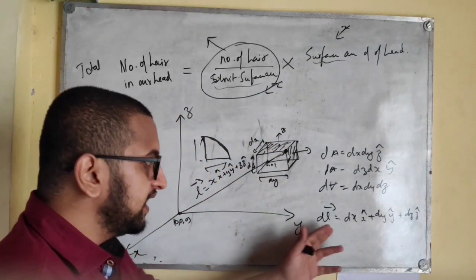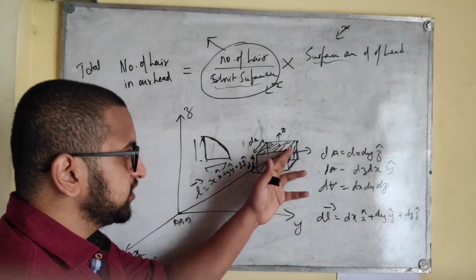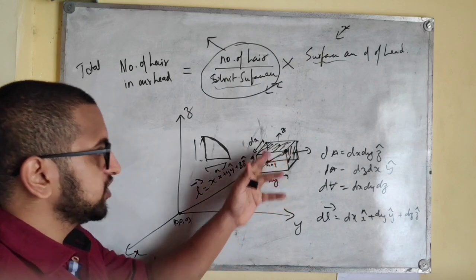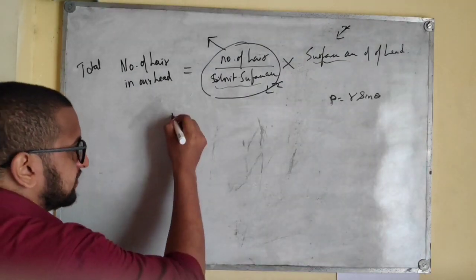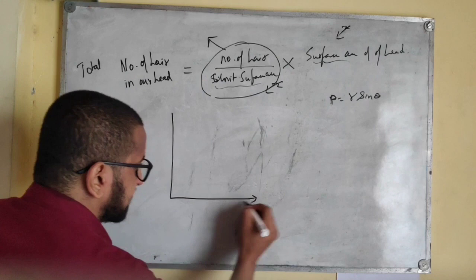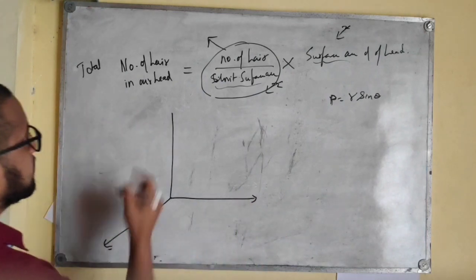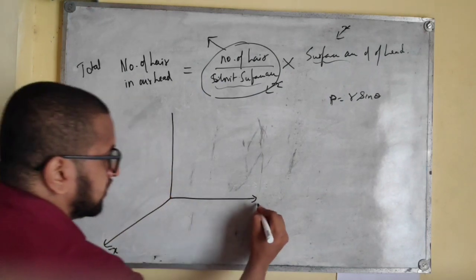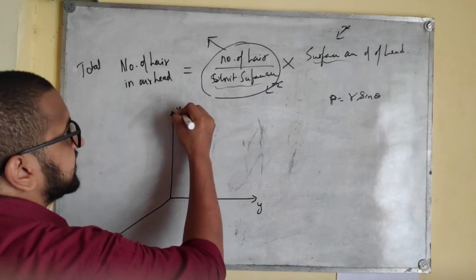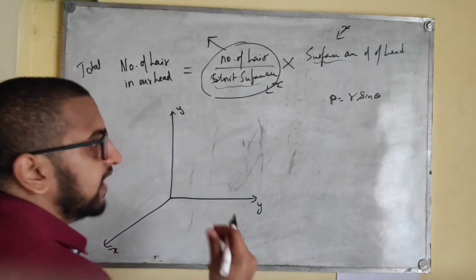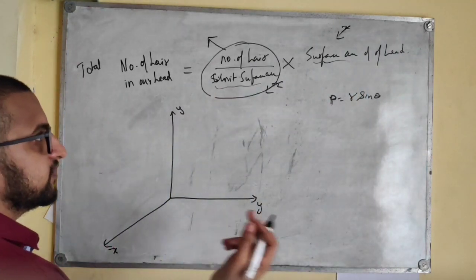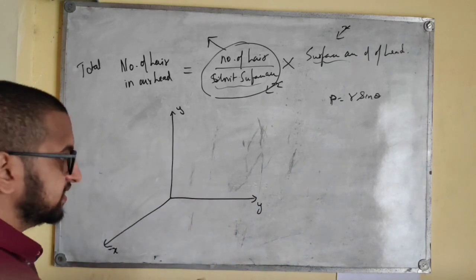This is the length element of this object. Let us understand spherical polar coordinates. In order to calculate the total number of hair in our head, we need to calculate the surface area of the head, which is nothing but the area element, and we can get that from spherical polar coordinates easily.